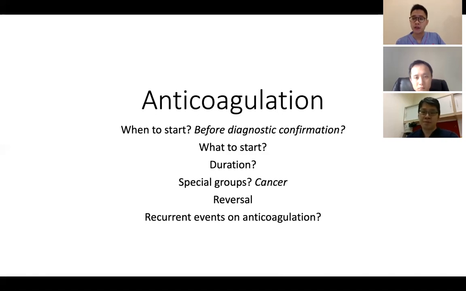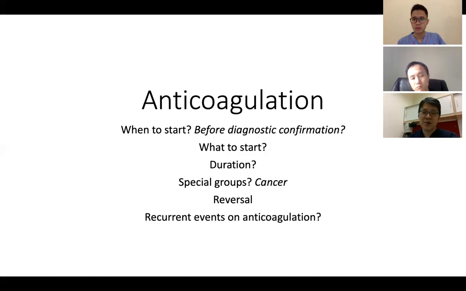In terms of choice of agents, so DOACs, warfarin, and the heparin groups of agents, how do you decide between the different agents? So the APCP guidelines say DOACs are now the first line for treatment of provoked venous thromboembolism, followed by subcutaneous heparin, and of course warfarin.